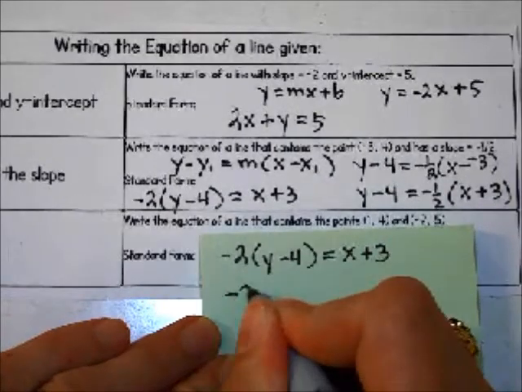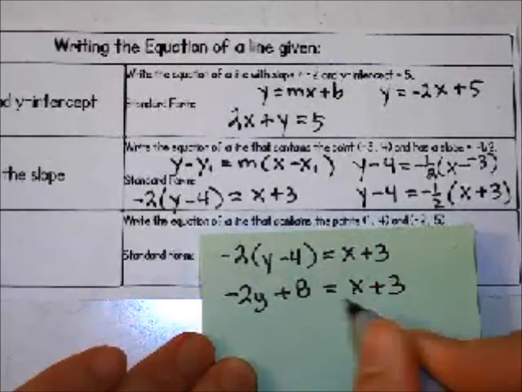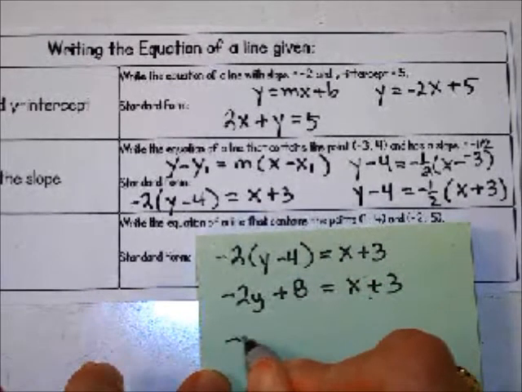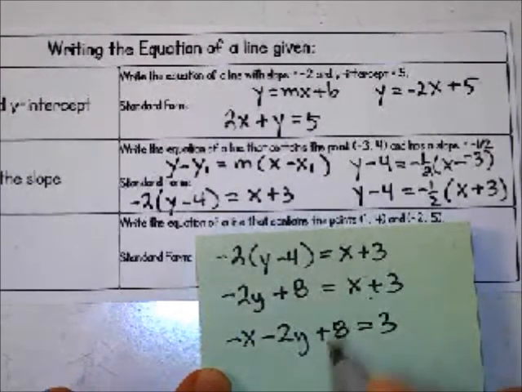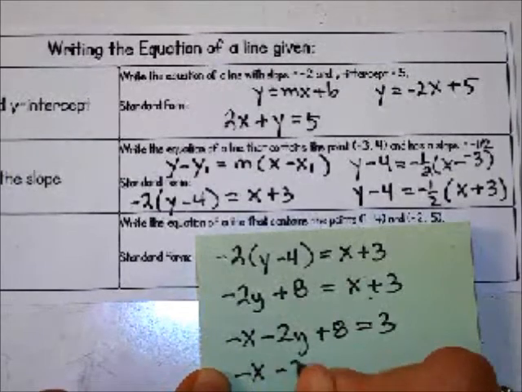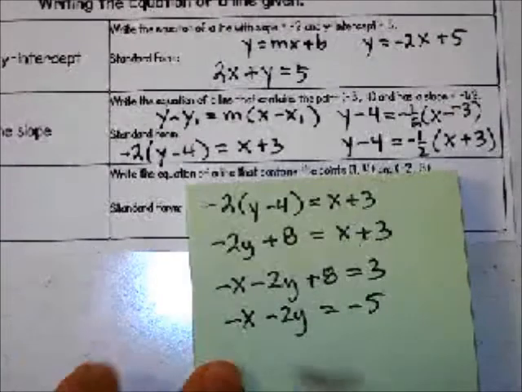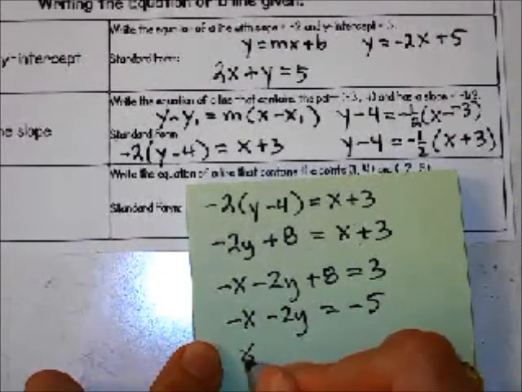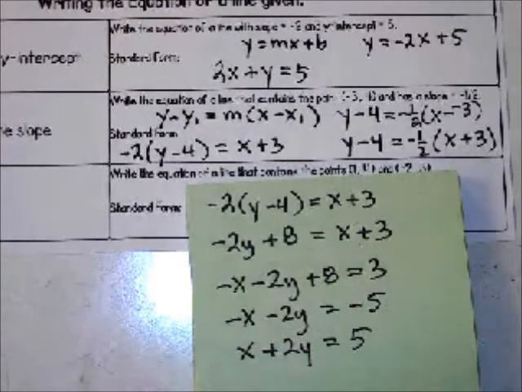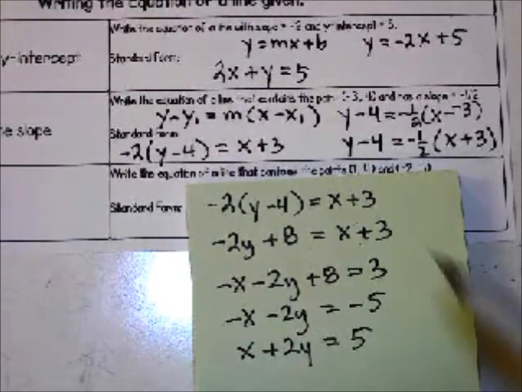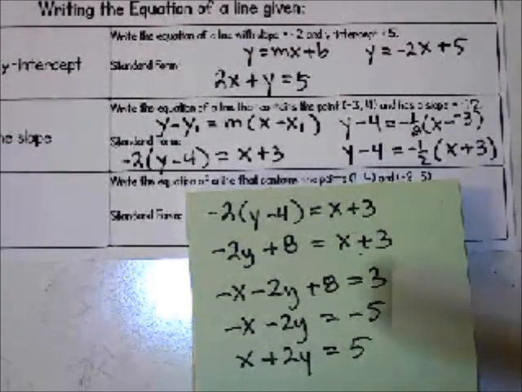Negative 2y plus 8 equals x plus 3. I'm going to subtract x from both sides to get it over here. And then I'm going to subtract 8 from both sides. That gives me negative 5. And then I want this to be a positive, so I'm going to change all the signs. And now it's in standard form. So that would be this middle one. I'm sorry I didn't give you enough space to write that all in, but hopefully you get the idea.